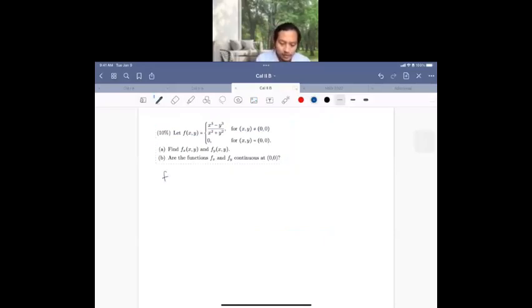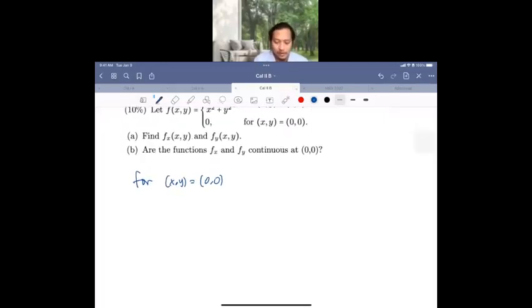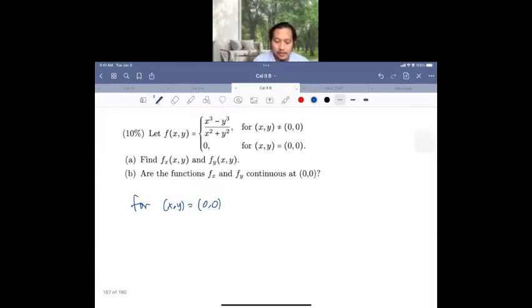Now for (x, y) equal to (0, 0). What will happen if we take (0, 0)? Now we take this as our limit definition.